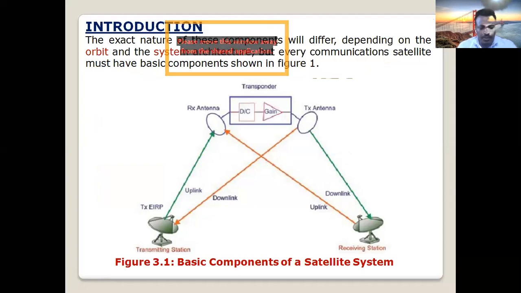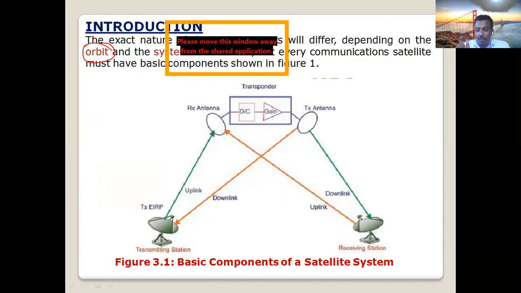when you see satellite components, the type of components used in a satellite communication system depends first on which orbit we are using.